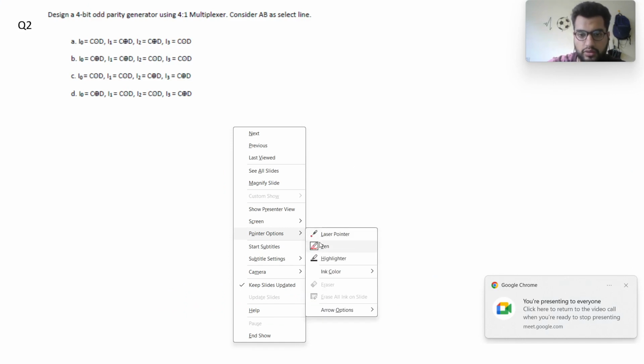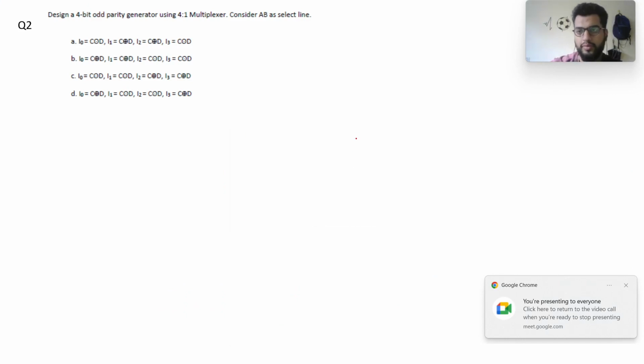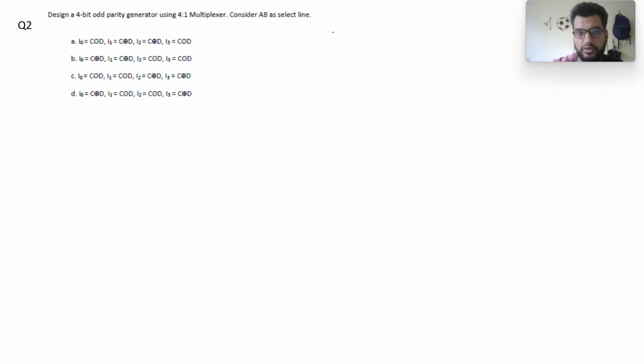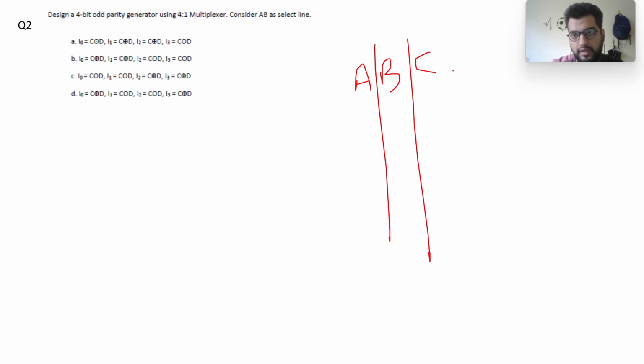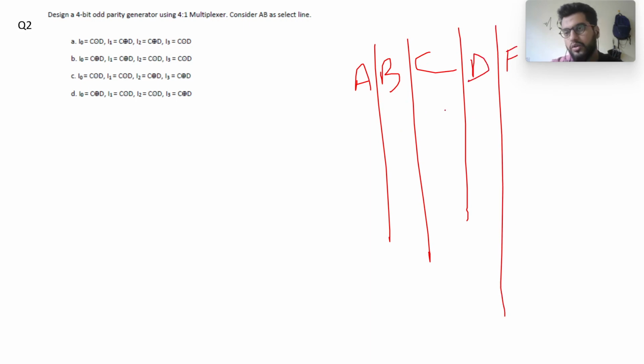So the question asks us to design a 4-bit odd parity generator using a 4:1 mux where AB is your select line. So I have my A, B, C, D, and here is my F, which is the output of the 4-bit odd parity generator.